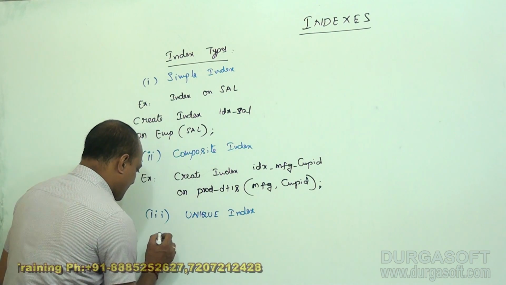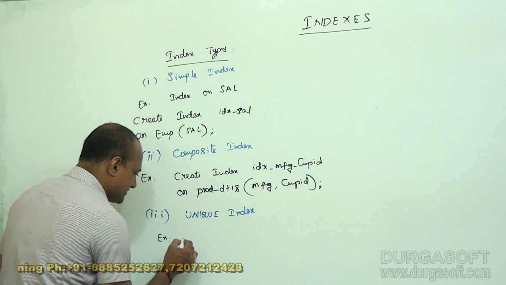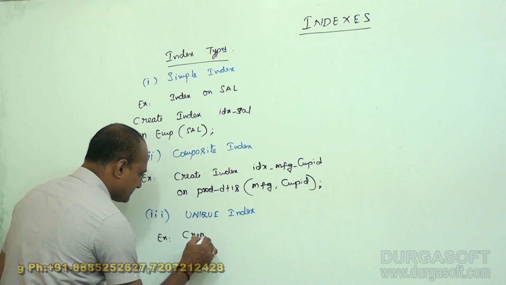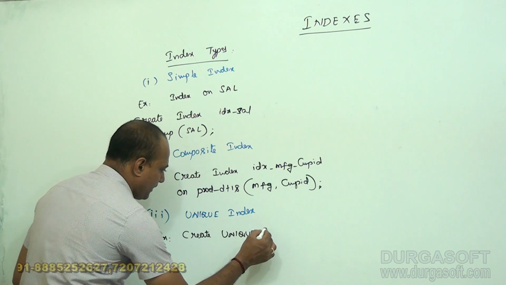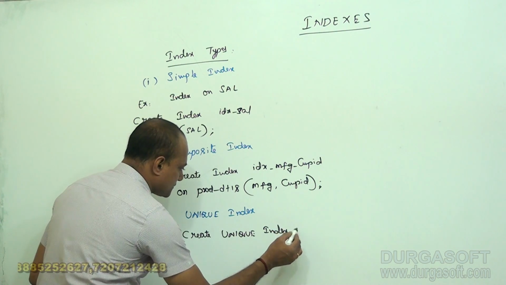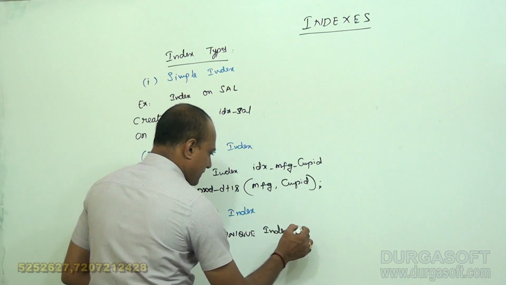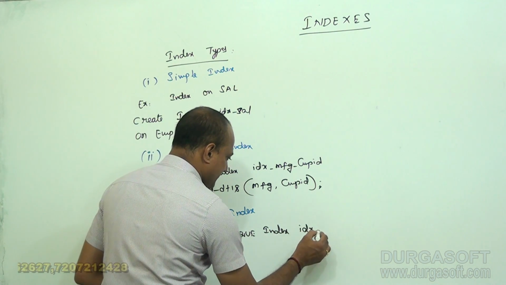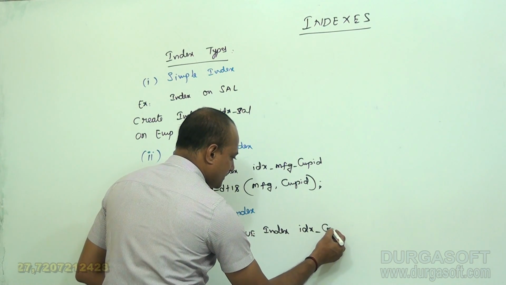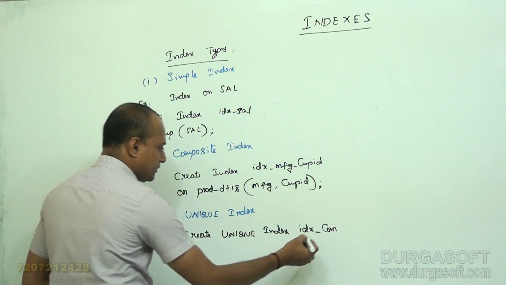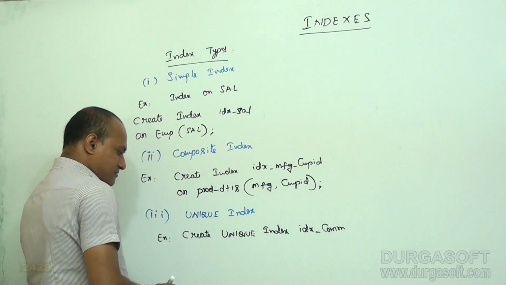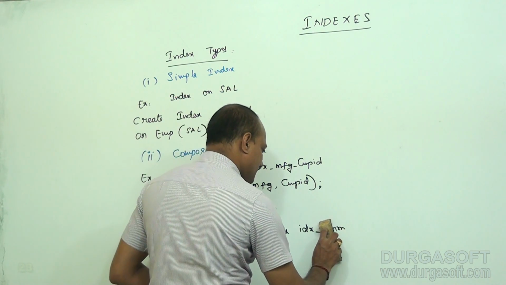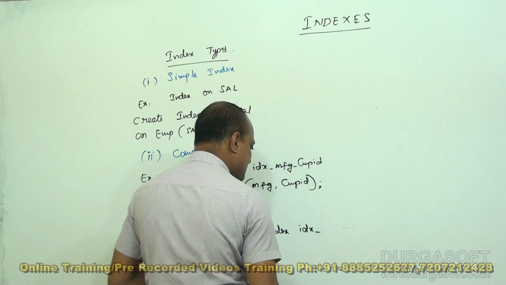How do I create a unique index? Create unique index, use the keyword unique and specify the index name idx underscore, and I am creating it on the commission column. So here commission is not having any duplicates. Okay, let me generalize this.